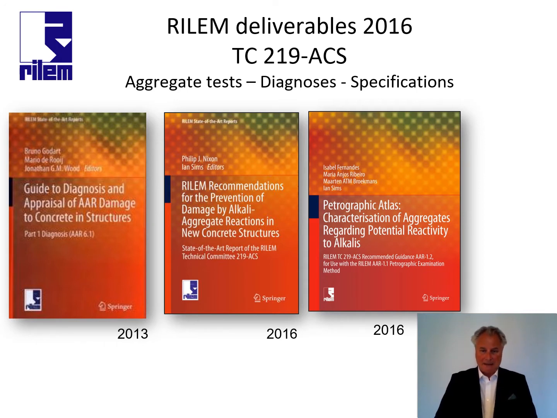Then after the third TC we had these recommendations published in 2016, the RILEM recommendations for the prevention of damage by AAR in new concrete structures. And additionally, we had a very comprehensive petrographic atlas with many examples of thin section micrographs of reactive rock aggregates around the world.